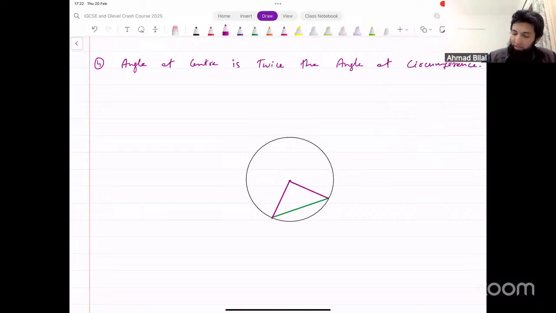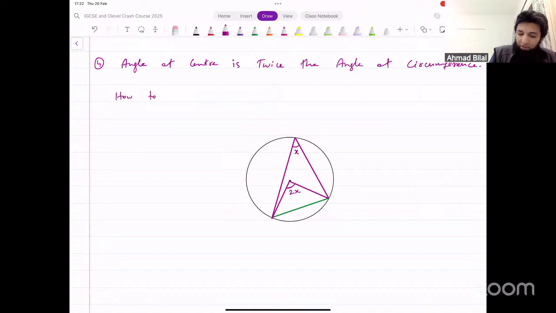And those same points are making an angle at the circumference. Let's say like this. Now, if this angle is x, the angle at the center is going to be 2 times x. So the angle at the center is twice the angle at the circumference.